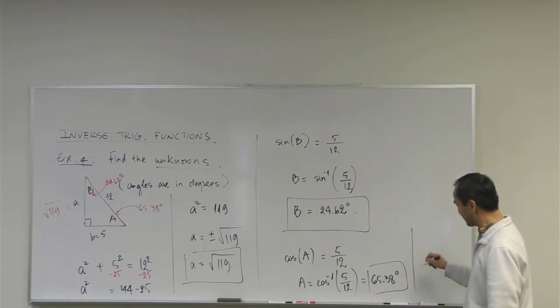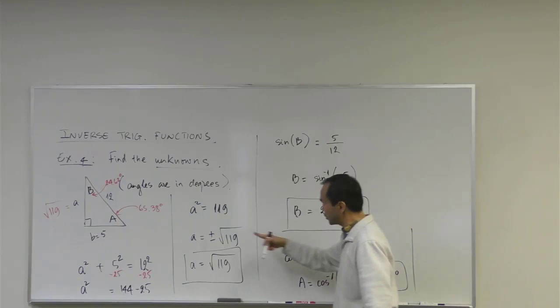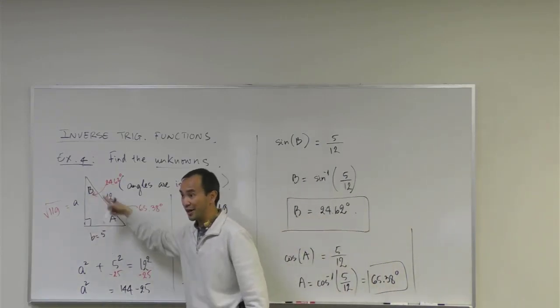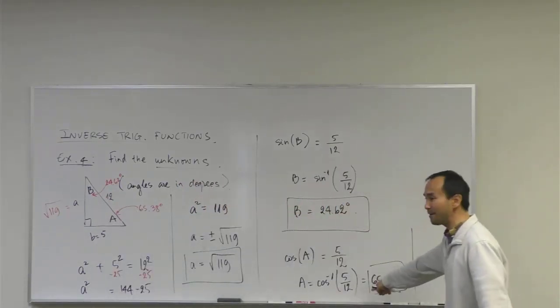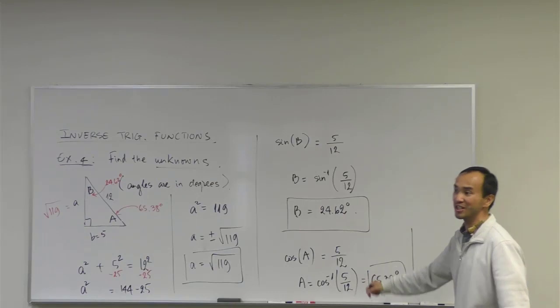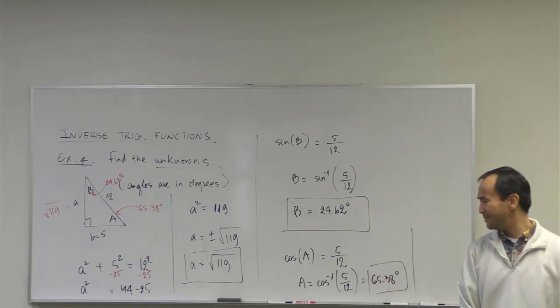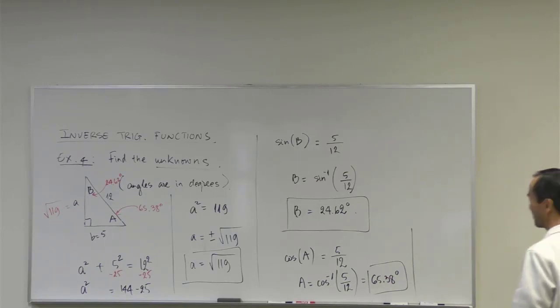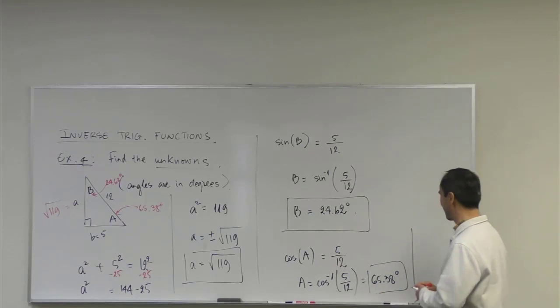I mentioned earlier, A and B are playing the role of those two acute angles in our right triangle, and so they always have to add up to what? 90 degrees. And so you didn't even have to do that complicated work, because I just wanted to provide more opportunities for you guys to use the inverse trig function. But in reality, you didn't even need to go here.